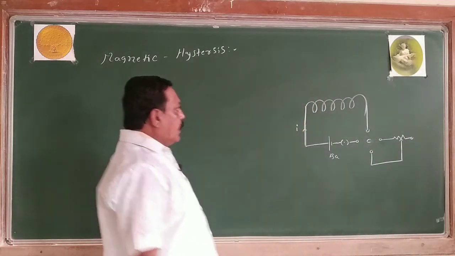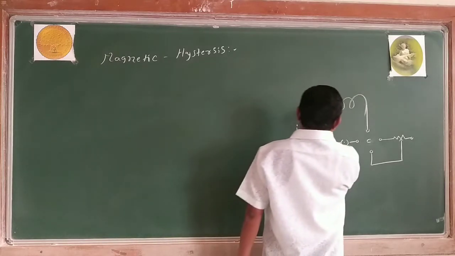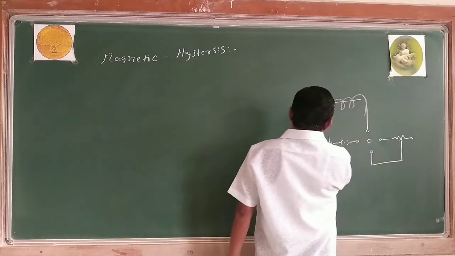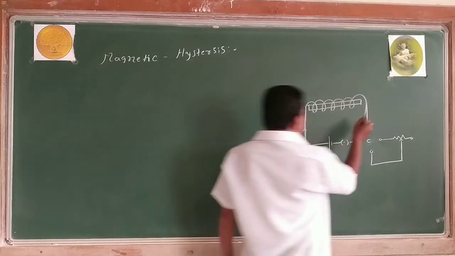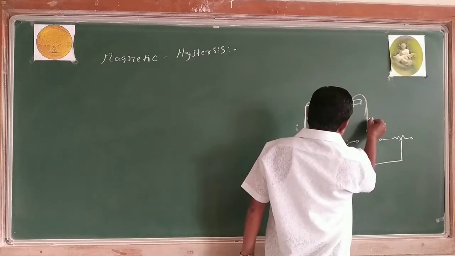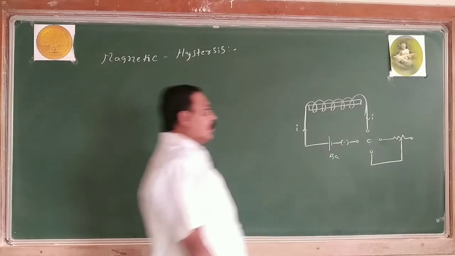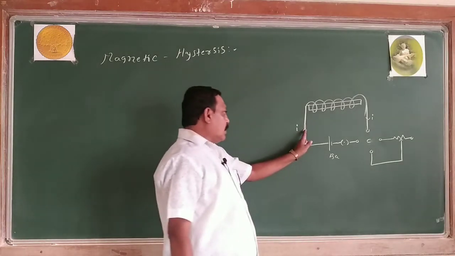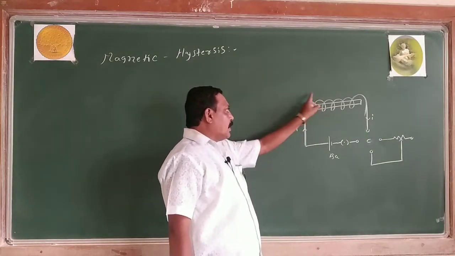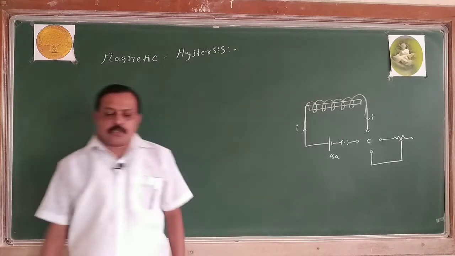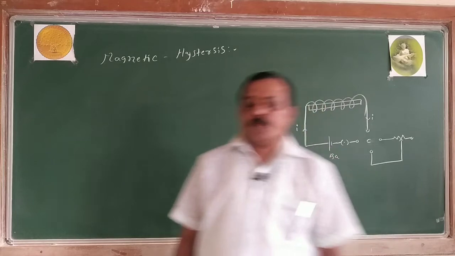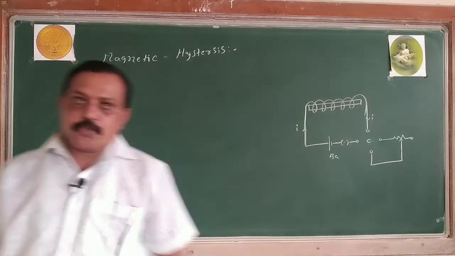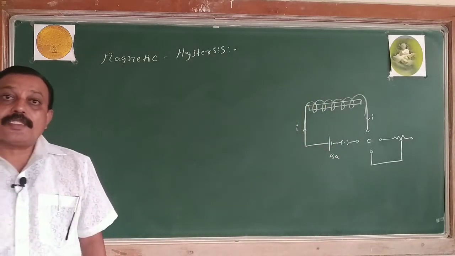I take the ferromagnetic substance in the core of the solenoid. Unless current is passed, it cannot act as a magnet. When the solenoid acts as a magnet, the material kept inside acquires magnetic properties. How easily the material can be magnetized measures its susceptibility.